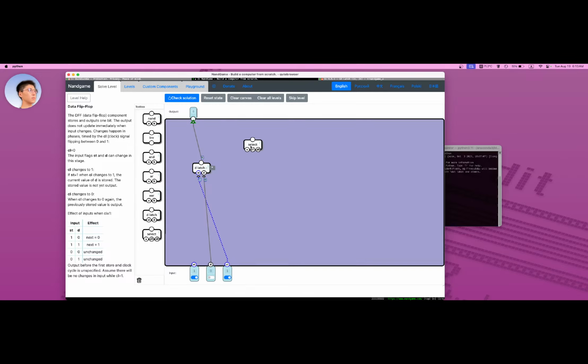We can use this guy. Why? Because it also has a flag, a C flag, an S flag. When clock is 1, look, when clock is 1, let's do the D1, okay?